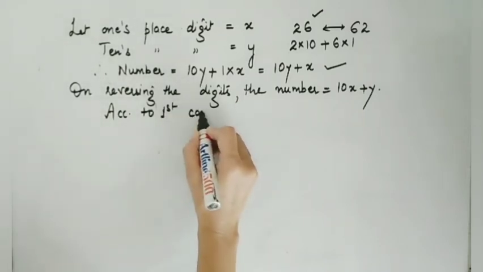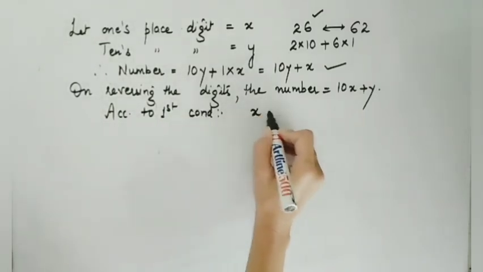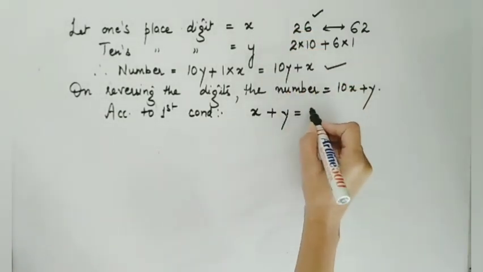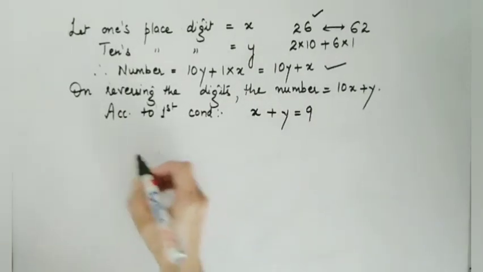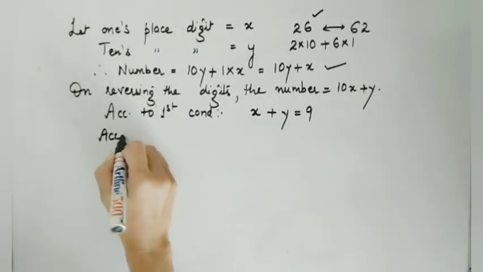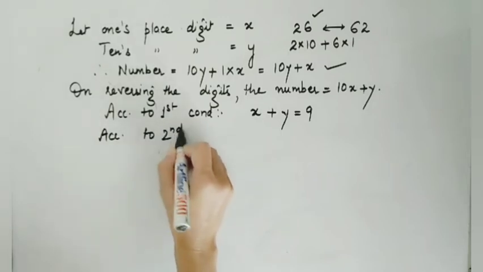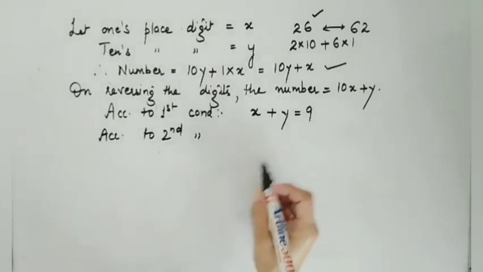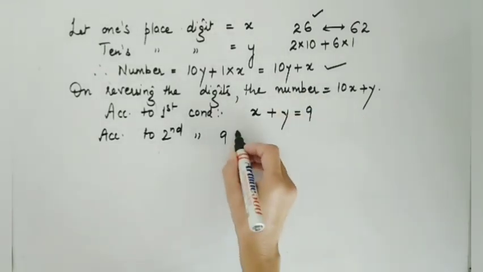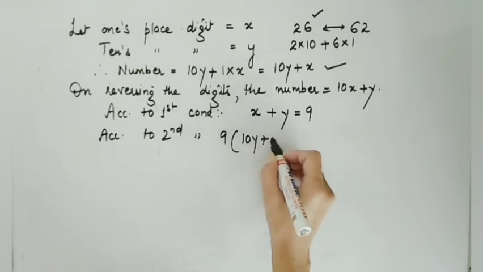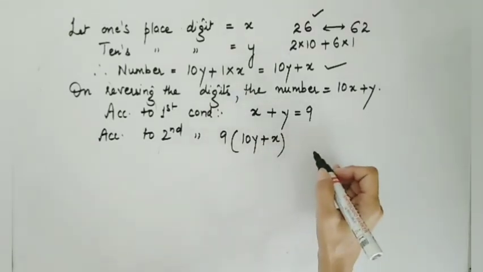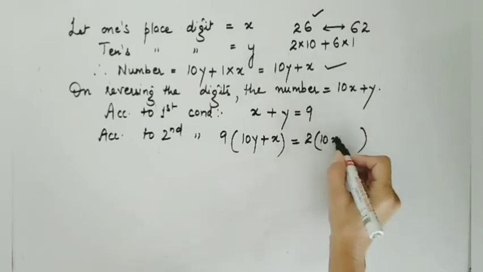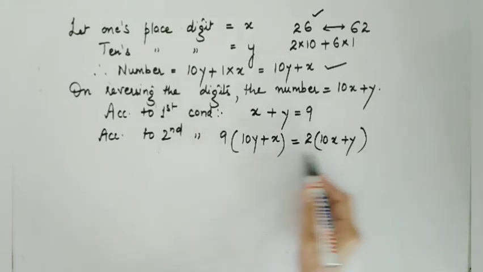According to our first condition, sum of digits x and y, their sum is given as 9, and second condition says that 9 times this number, 9 times the number which we had, is equal to twice the number obtained on reversing. So this needs to be simplified.